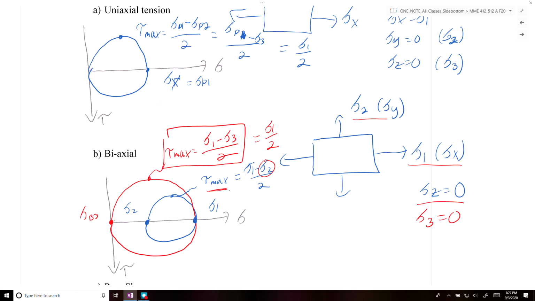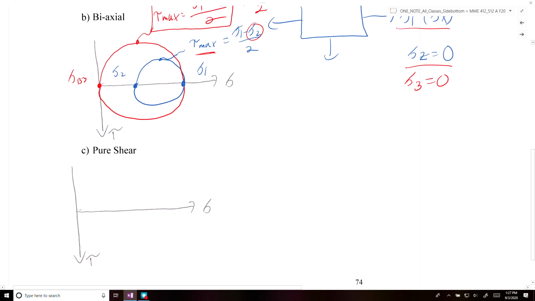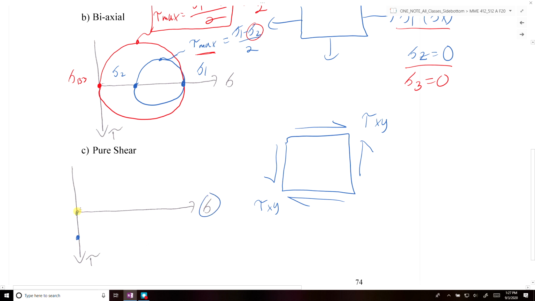The last case we're going to talk about is an element in pure shear, where you only have shear stresses acting on the system. Since our normal stresses are 0, when we draw our Mohr circle, it's just going to be centered about the origin.